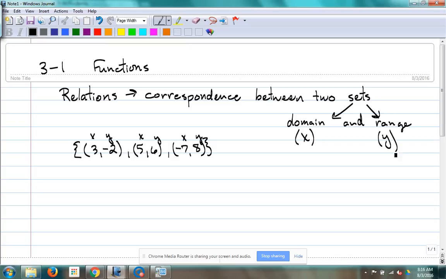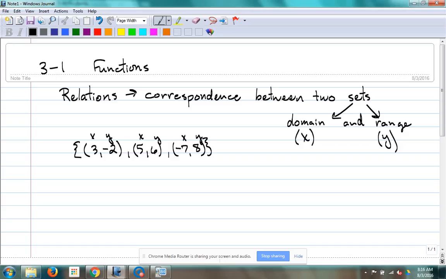Okay, so when we're talking about a relation, we're talking about functions, we're talking about that correspondence between the domain and the range, between the x and the y. And as we go through this course, one of the big things that we deal with is domain. And so that's a very important part.